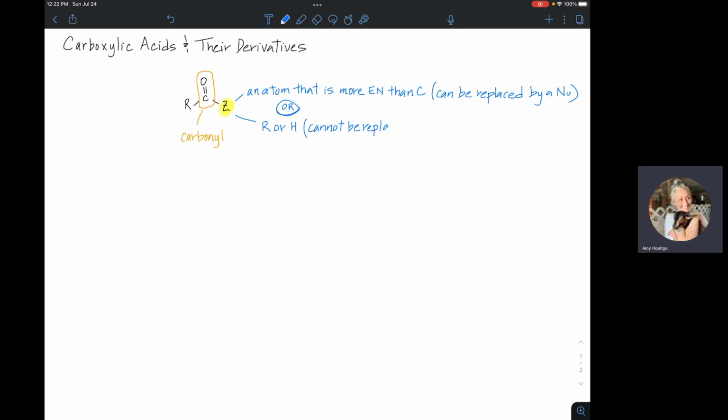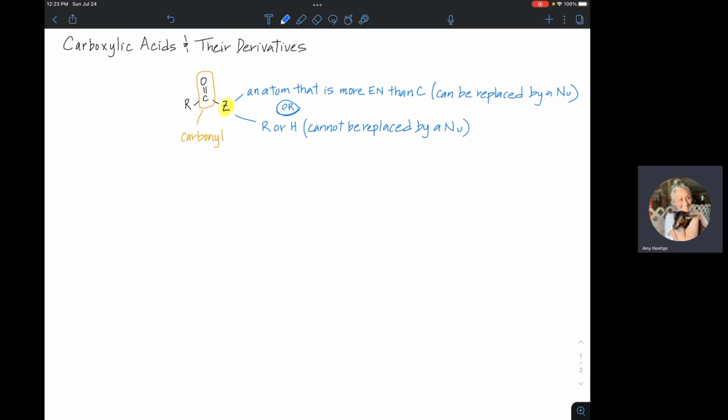All you have to do is imagine or look up the pKa of the conjugate acid of the leaving group to decide if it's going to be a good leaving group or not. So in other words, if I'm dealing with an R group, that's R minus would be leaving. If I put a hydrogen on R minus, I essentially get either an alkane or an alkene or whatever, so I'd end up with some kind of hydrocarbon.